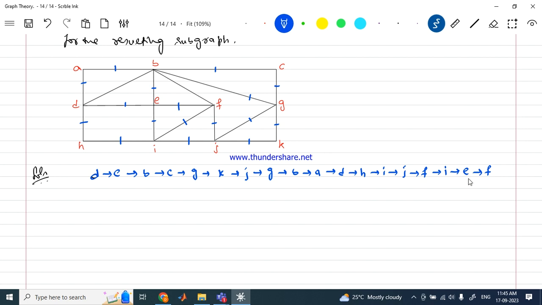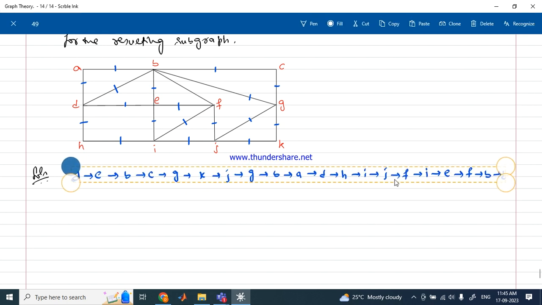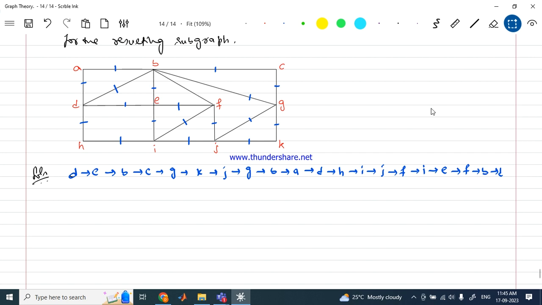Now F to B. Now B to D. Started with D, ended with D, and we can note that we moved on all the edges exactly once.